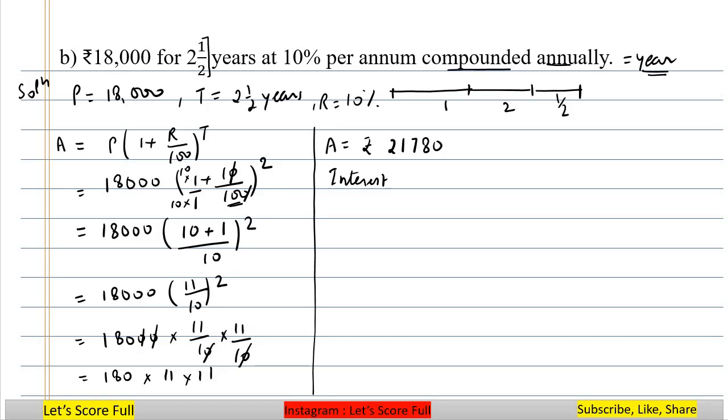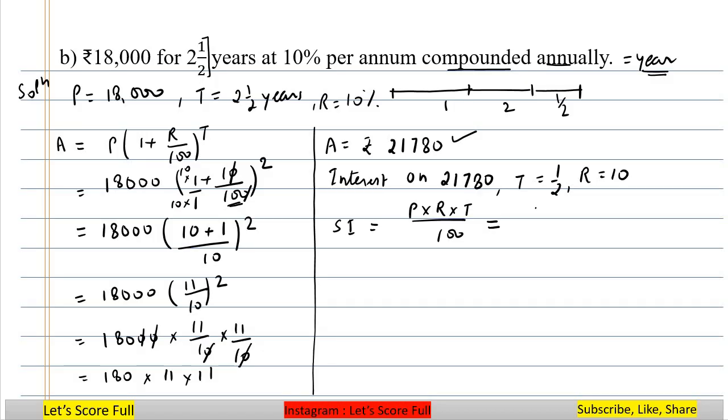So what will be the principal now? Not the 18,000. The principal is the amount you have accumulated after 2 years. So interest on 21,780 for time period half year and rate of interest 10%, same to same. Calculate that. So the simple interest formula is P into R into T upon 100.